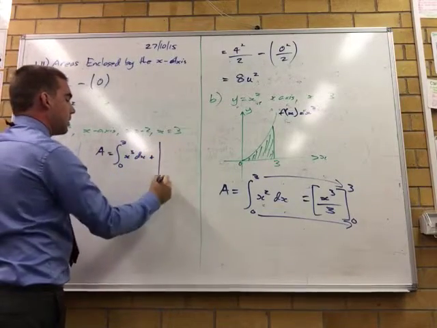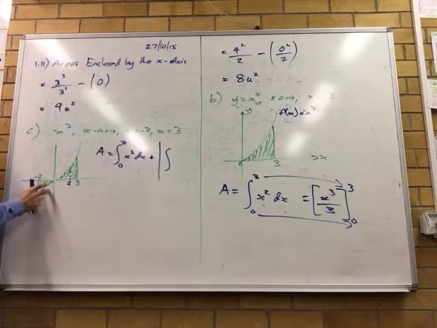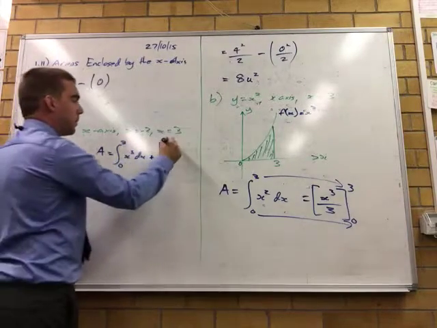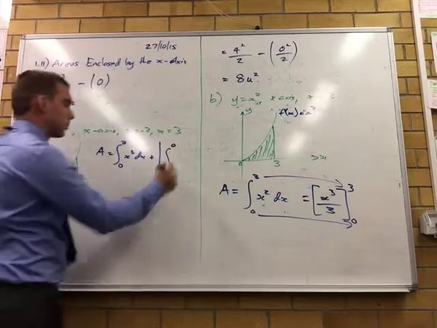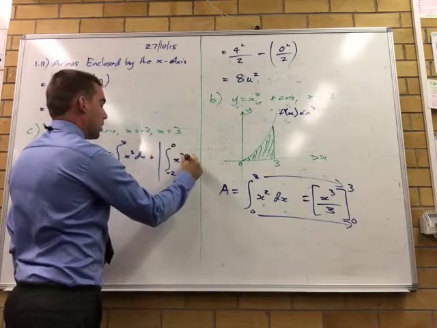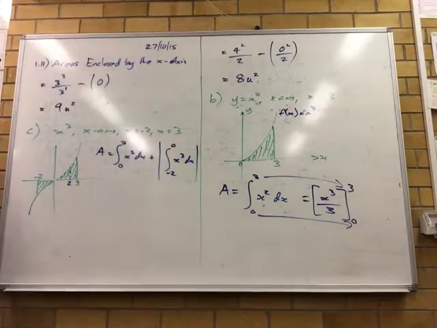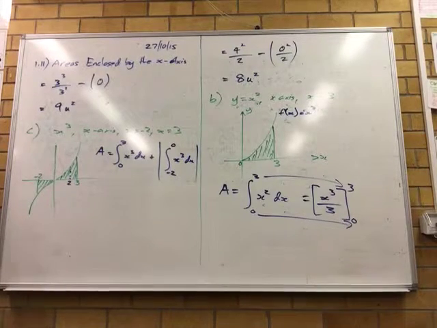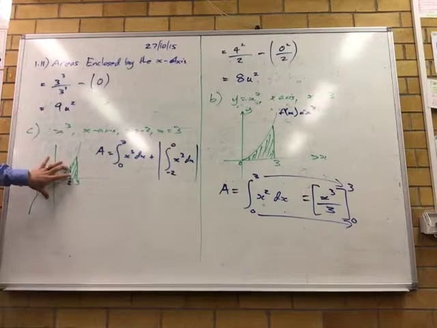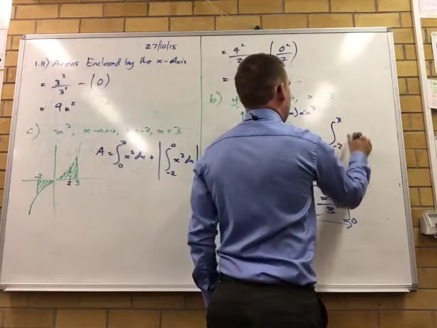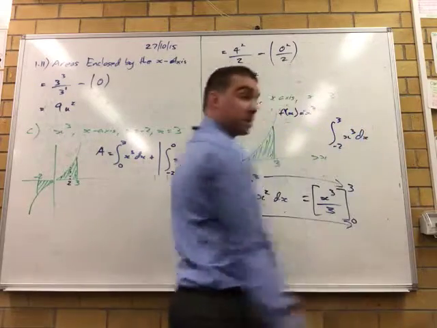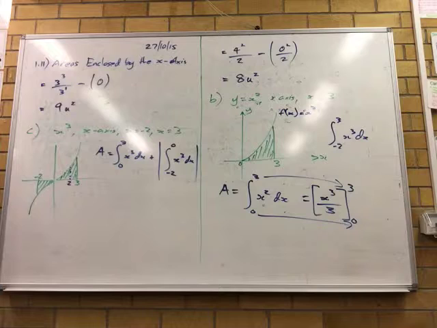And we need to add the absolute value, because this is going to give you a negative integral if you just integrate, from the highest point, which will be 0, to the lowest point, which is -2. Now, there is a difference between it asking you to calculate the area and if the question asks you to evaluate the integral.